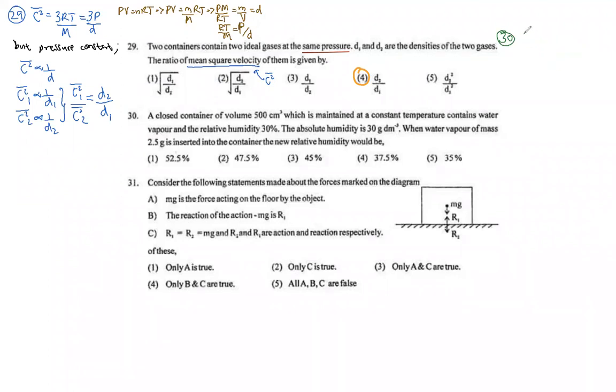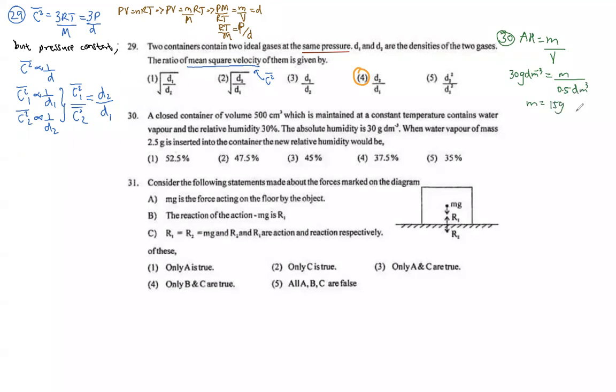First of all, I will apply the absolute humidity equation, that is mass of water vapor over volume. So absolute humidity is given as 30 g/dm³, that is equal to mass of water vapor over volume. Now 500 cm³ means how much? 0.5 dm³. So the mass of water vapor inside will be 15 grams.